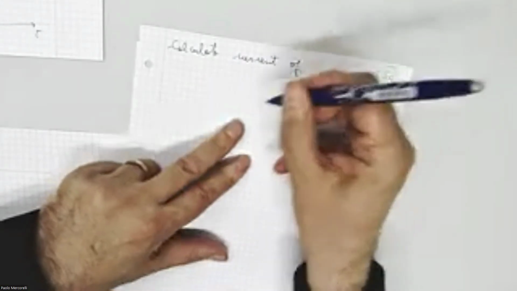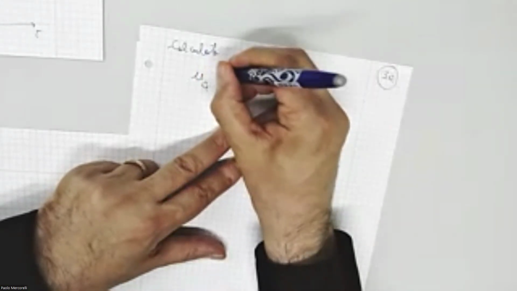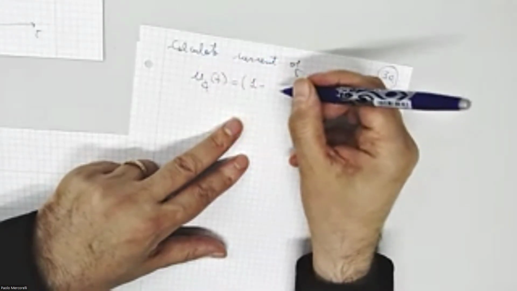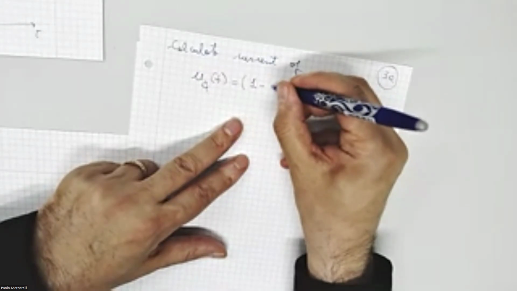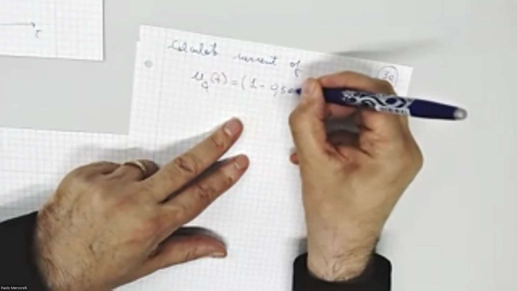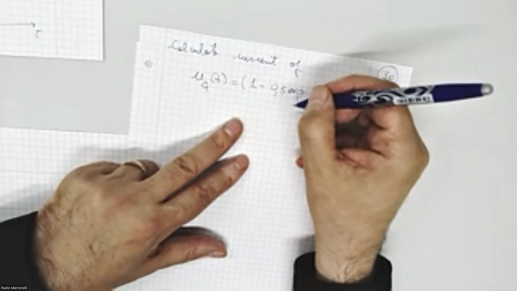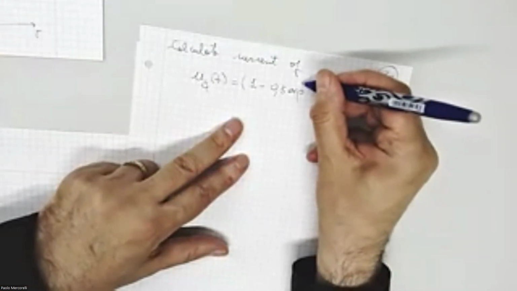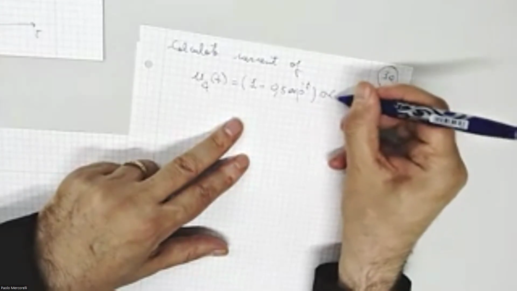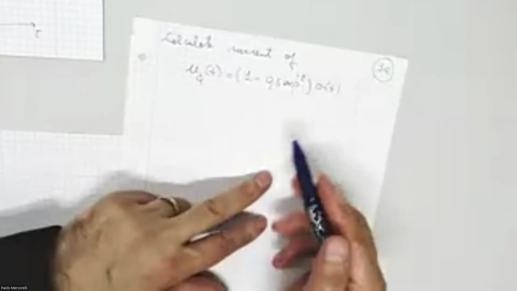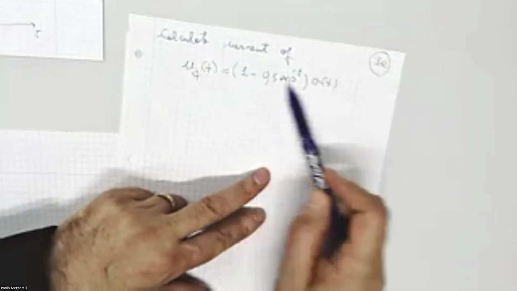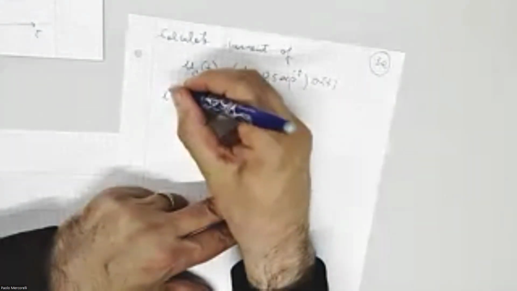Calculate the current of... let me write, explain. In the slide before, I write E as you want. It's also not important in the examination. You remember C times the derivative of this. We have seen last time.